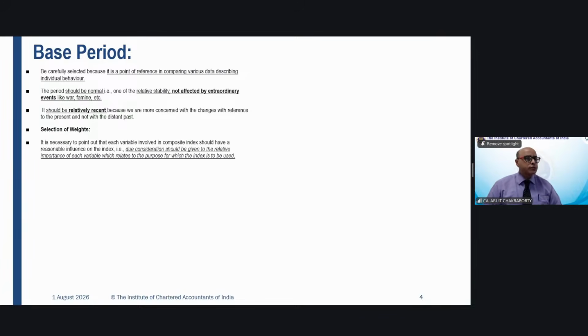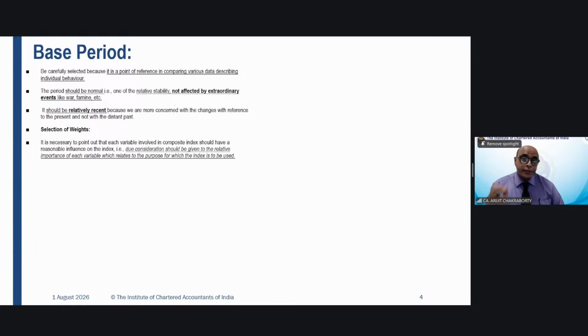Then of course we need to select weights when we are constructing a composite index. उसमें हर चीज का, जैसा मैं बता रहा था, चावल, गेहूं, आटा, उसके साथ मान लीजिए कुकिंग ऑयल, उसके साथ मान लीजिए नमक. So whatever we use in daily life, food items for example, okay, the price of vegetables, the price of cereals, butter, milk products, so these all will be considered within the basket, right?